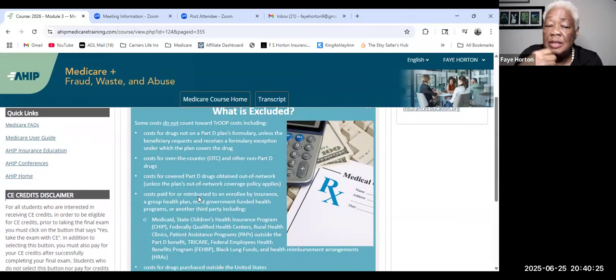Costs for covered Part D drugs obtained out-of-network unless the plan's out-of-network coverage policy applies.